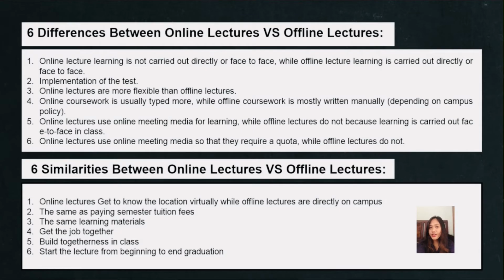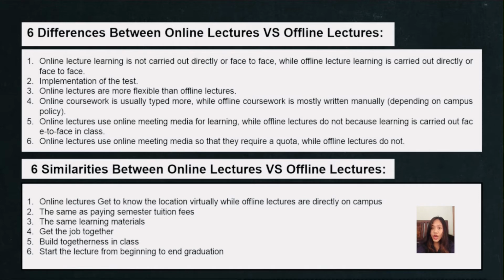Six differences between online lectures versus offline lectures. The first, online lecture learning is not carried out directly or face-to-face, while offline lecture learning is carried out directly or face-to-face. Second, implementation of the test. Third, online lectures are more flexible than offline lectures.